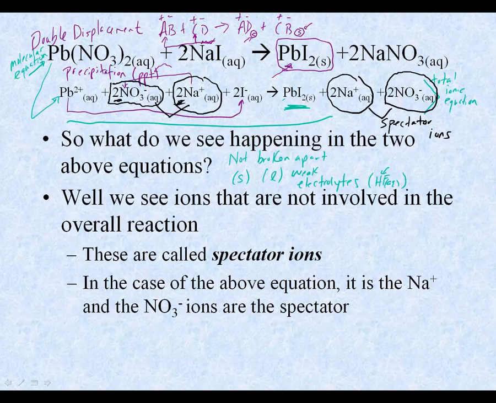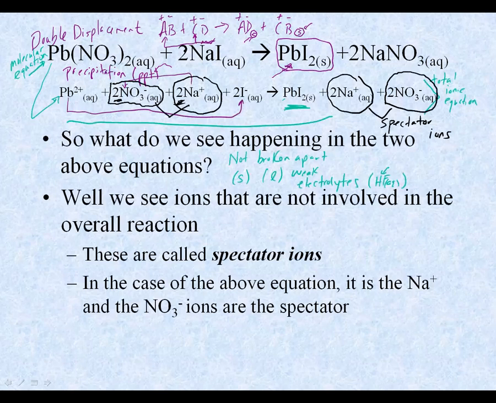So if you write a total ionic equation and the spectator ions don't completely cancel out, in most cases it means either you have the wrong formula or you didn't distribute the coefficient correctly, because those spectator ions really should cancel out completely.